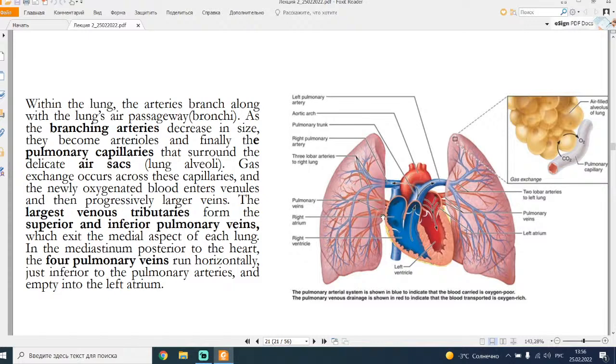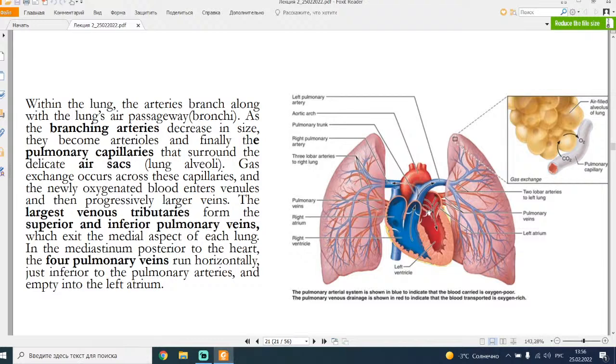shown in red color, which exit the medial aspect of each lung in the mediastinum posterior to the heart.